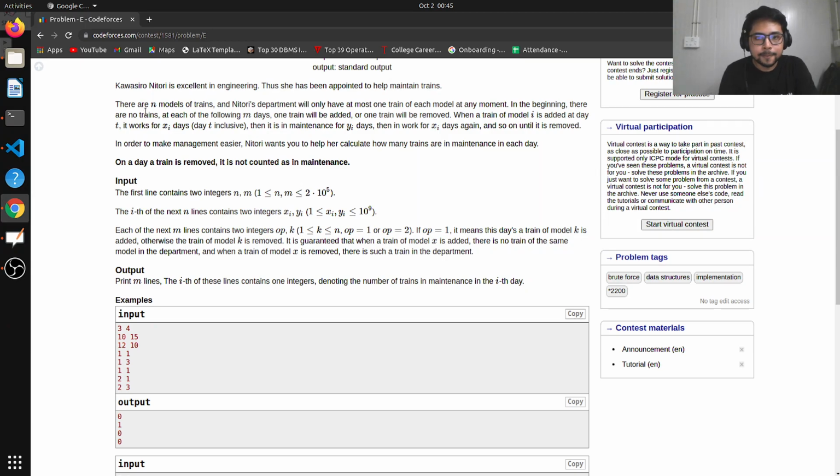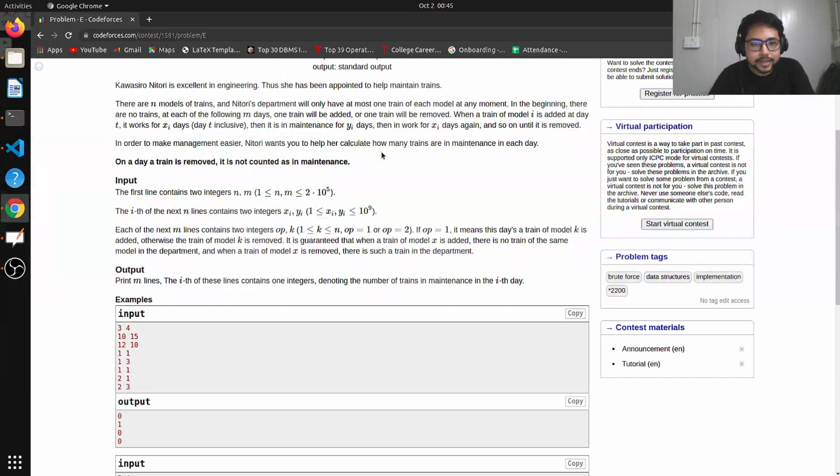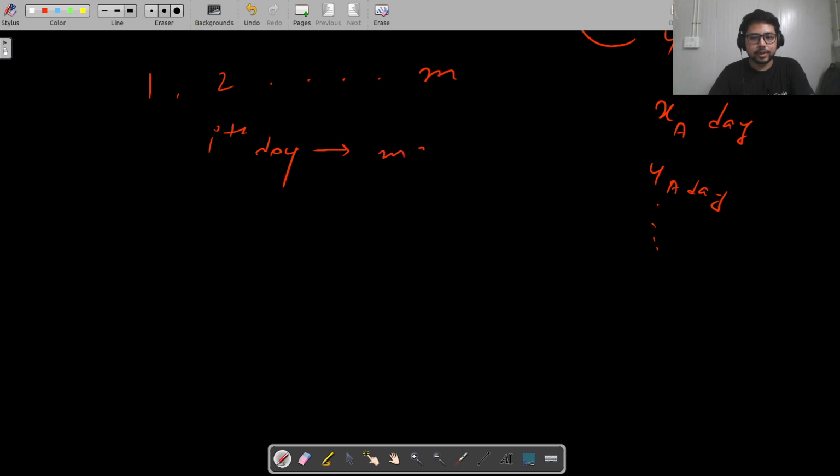For days 1, 2, up to m, we need to find out on the i-th day how many trains are in maintenance.